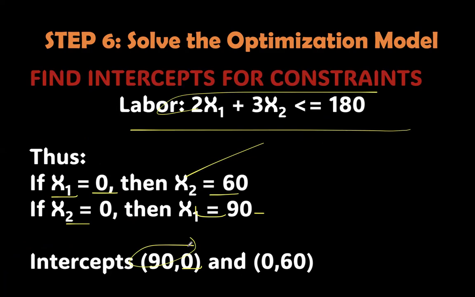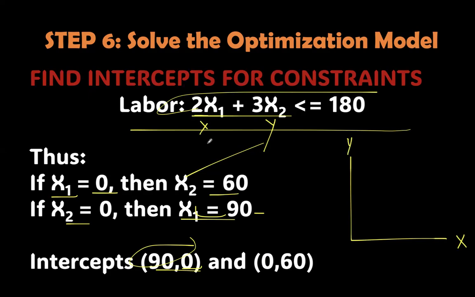It will not be interchanged, class, because of course that will be the intercept. So say for example, this will be your x axis and your y axis here. Suppose that we are having that in a graph. Since our x1 is 90, this will be your x and this will be your y.